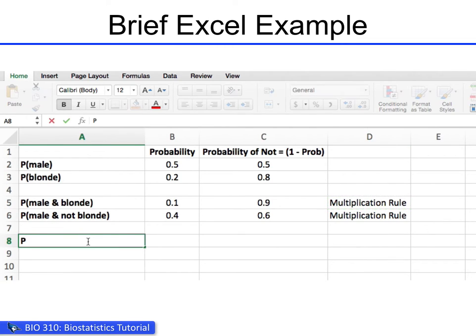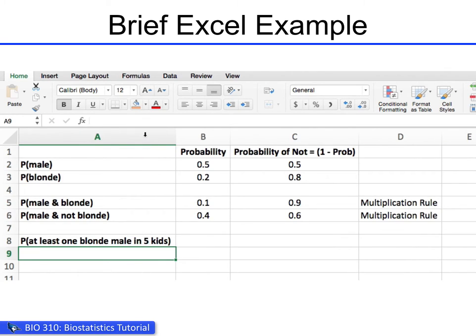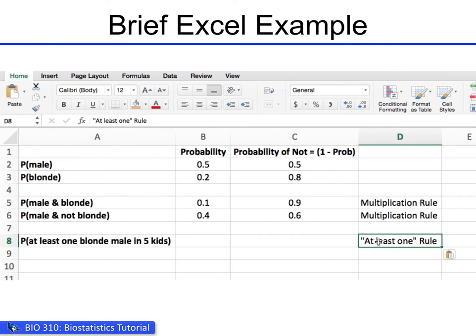And now what if we want to look at the probability of at least one blonde male in 5 kids? Okay, here we're looking at a case of the at least one rule. One of the 5 kids could be male and blonde, or it could be 2 or 3 or 4 or 5, just as long as one of them is.